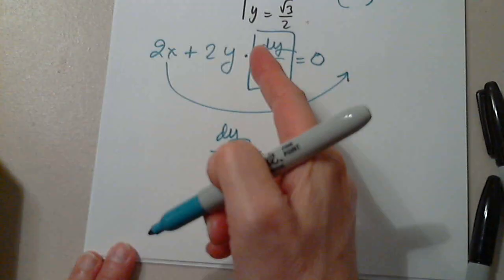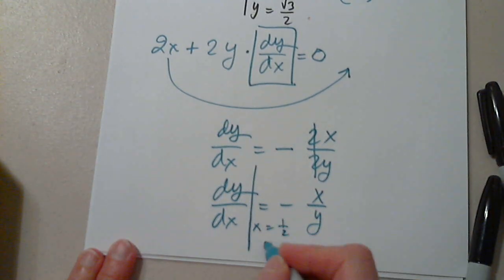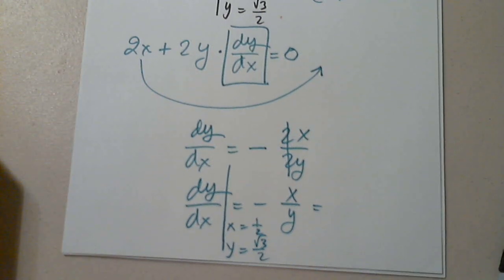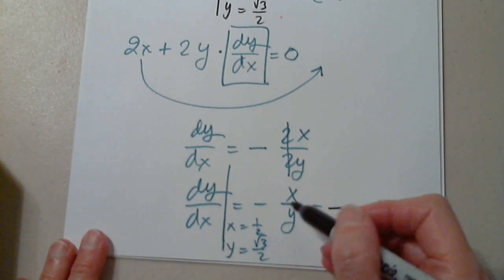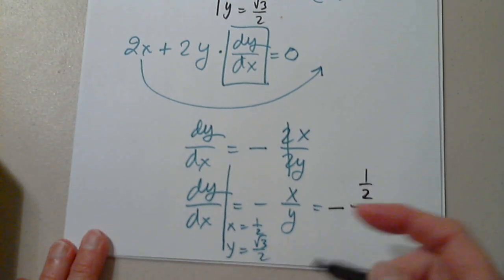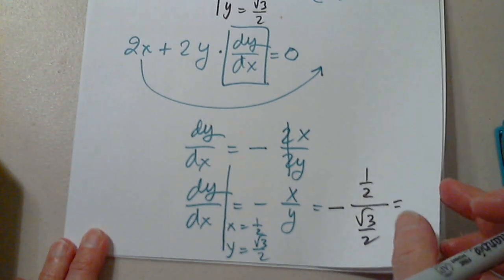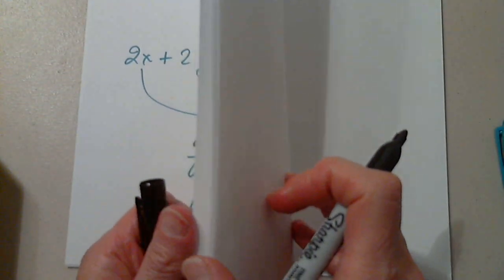When they're asking us to find when x is 1/2 and when y is the square root of 3 over 2, I just have to plug them in. Negative is outside. The numerator is 1/2. The denominator is the square root of 3 over 2. I have to flip the denominator. I'm going to go to the next page.